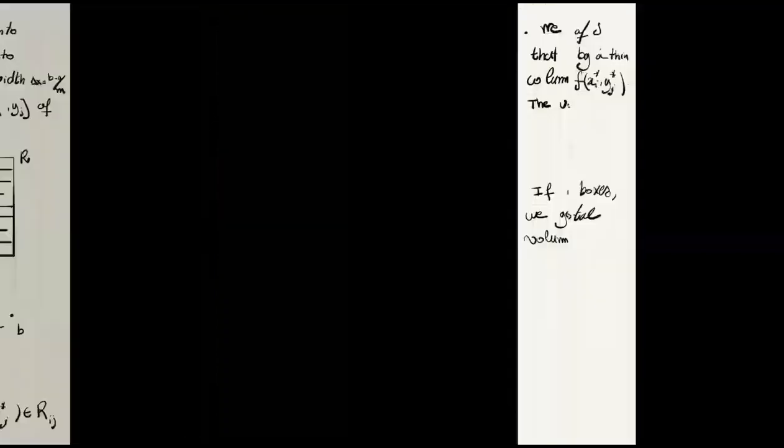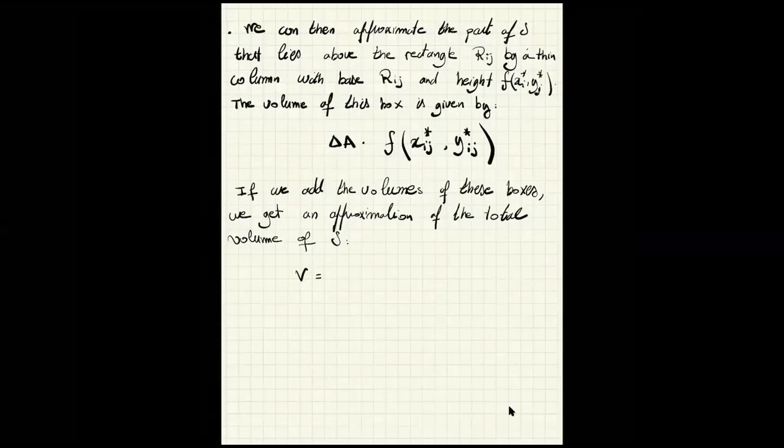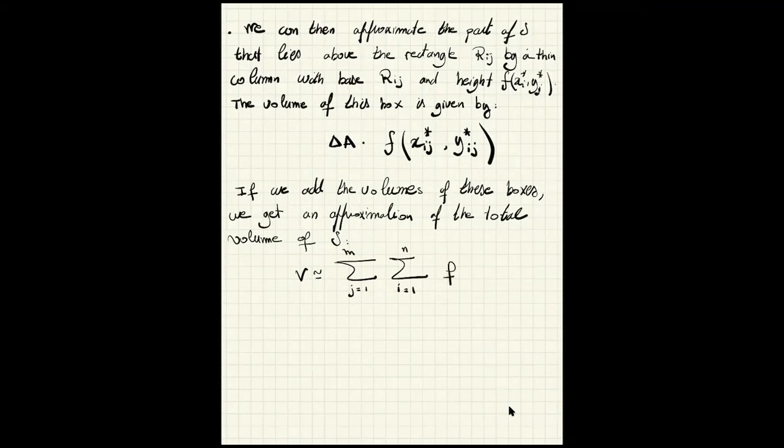So you can say that the volume is approximately, for very large n and m, the summation over all the boxes you have, from i to n and from j to m, of these volumes.